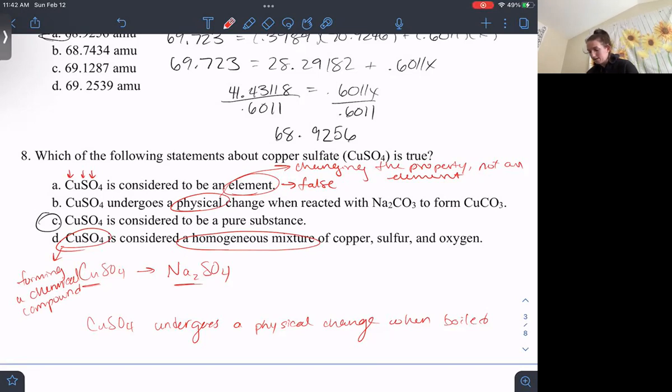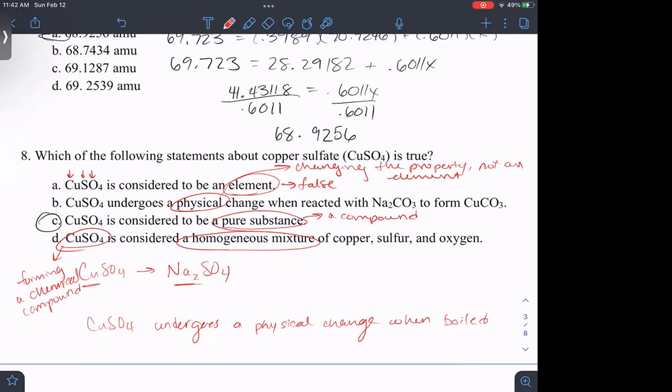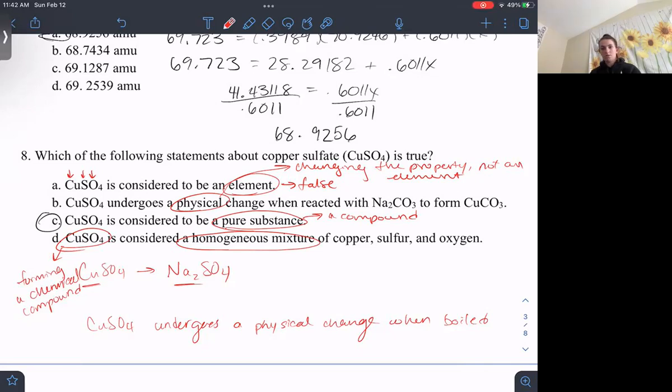Any sort of product, any sort of compound will be a pure substance. Okay, does that make sense for this one? I would say so. Okay, cool. Any other questions on number 8?